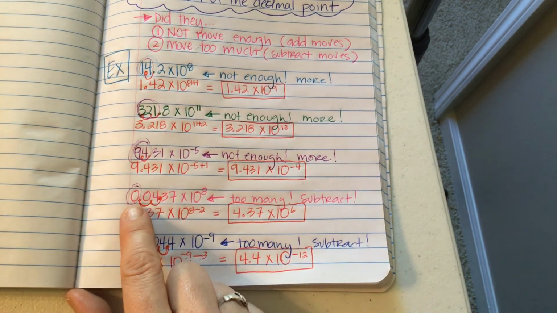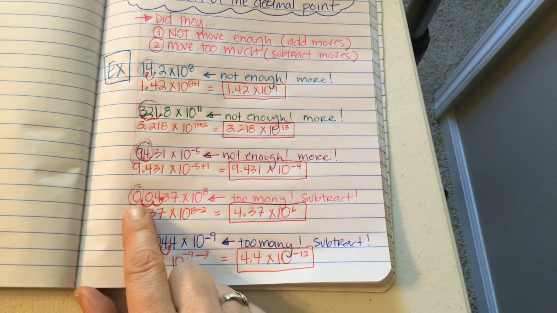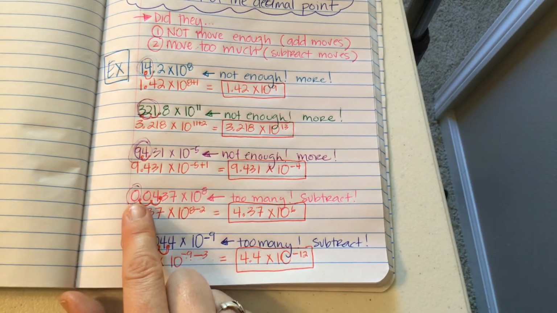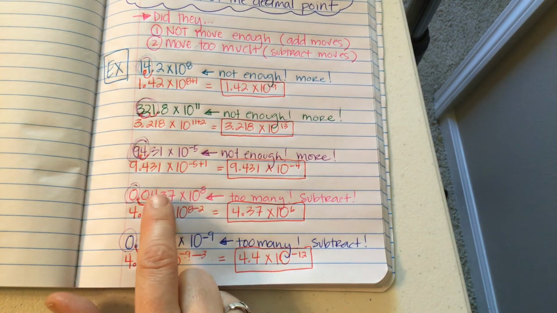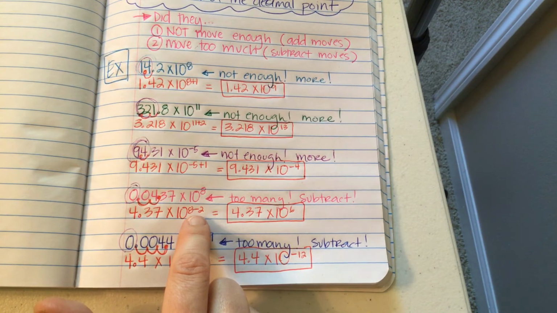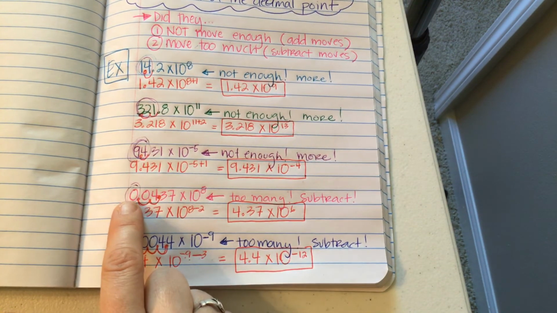In this example, I had a 0 to the left of my decimal, which is not allowed either. Even though it's 1 0, you can't have a 0. It has to be a non-zero digit. So I had too many moves in this problem. So I had to move backwards until I found a non-zero digit. So in this problem, I had to subtract 2 moves from my exponent because I did too many in this original problem, because you cannot have a 0.